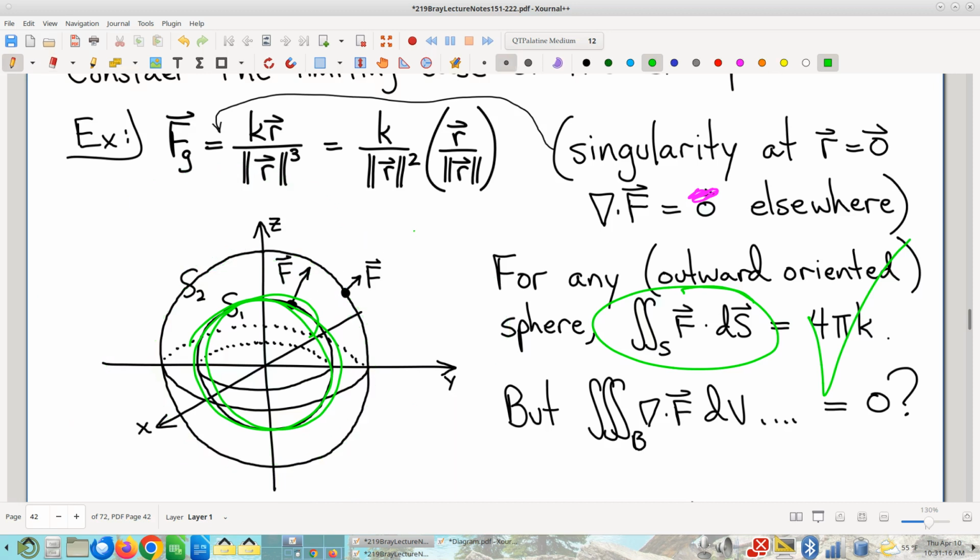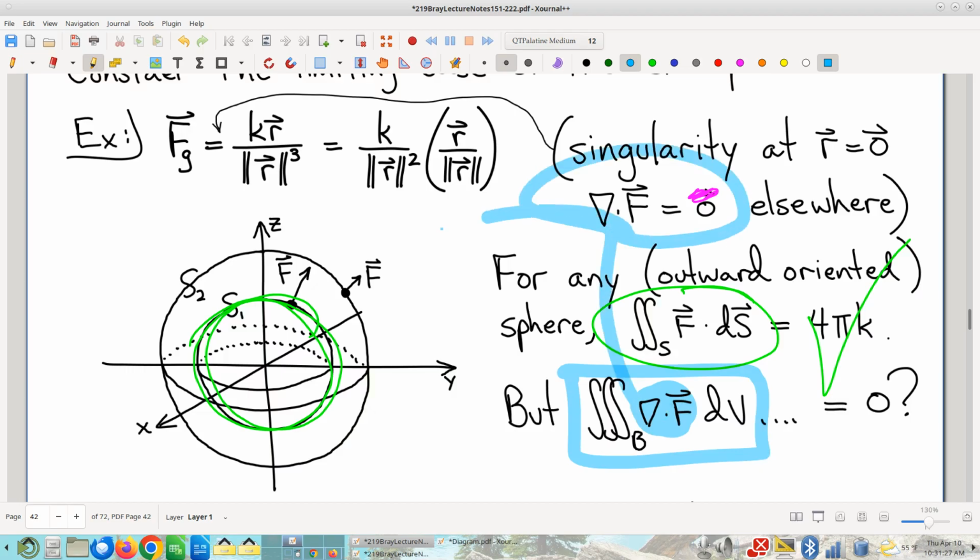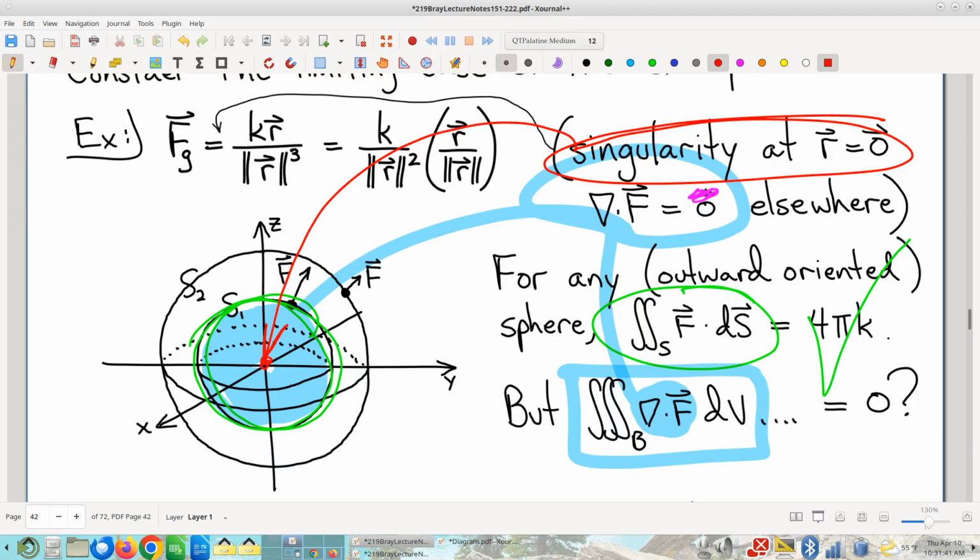So now, let's look at this particular one, and let's try to compute the triple integral of divergence. Well, wait a minute. The divergence, our integrand, is 0 everywhere in that interior, except for that, of course, one point. Right? We do still have this singularity at the origin, a single point.